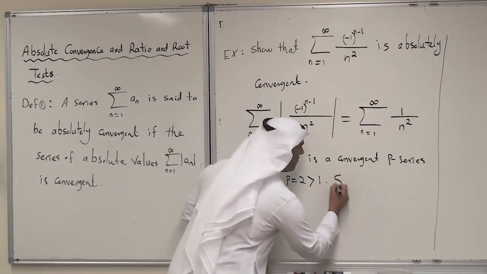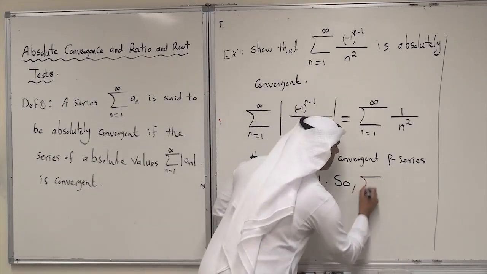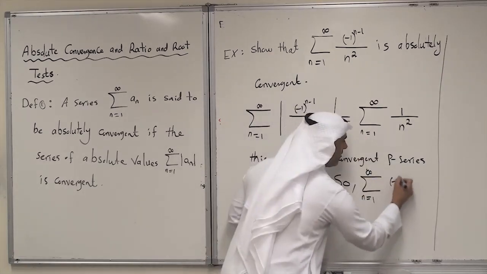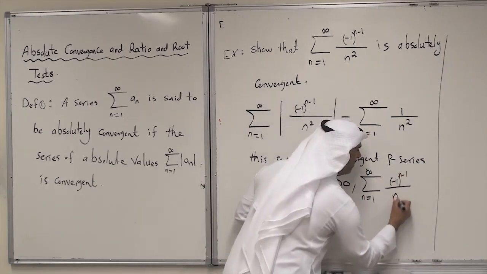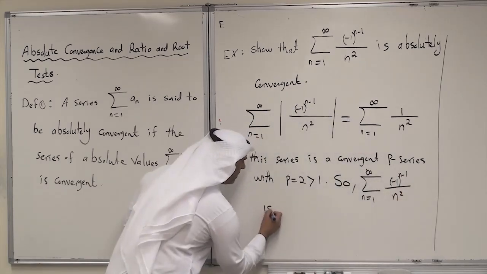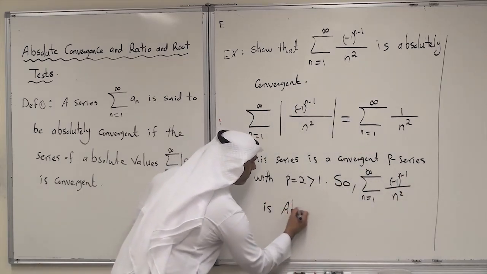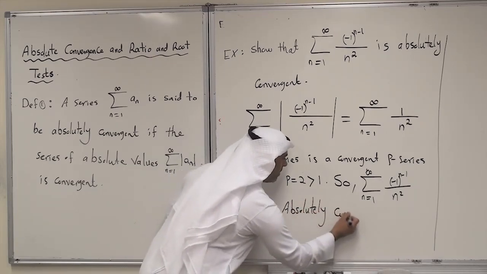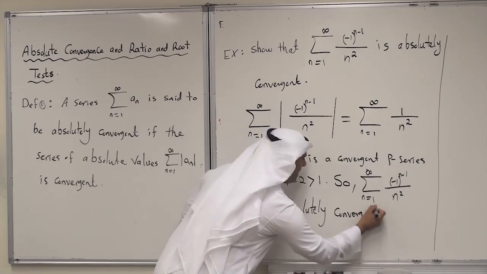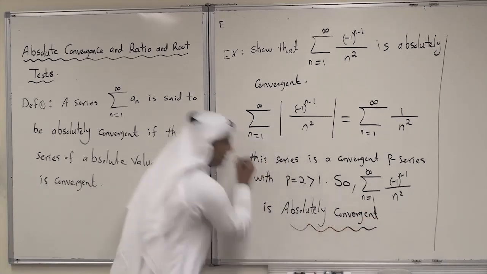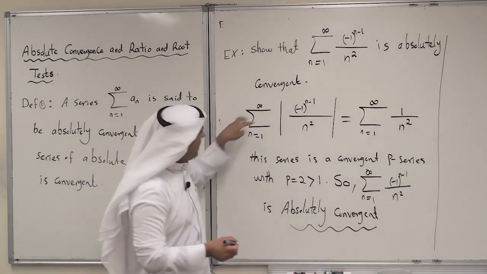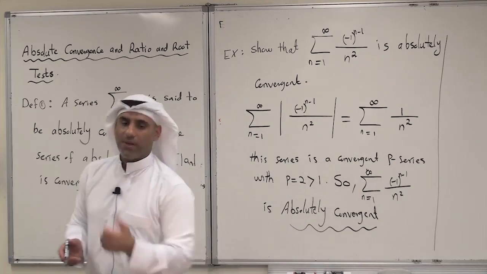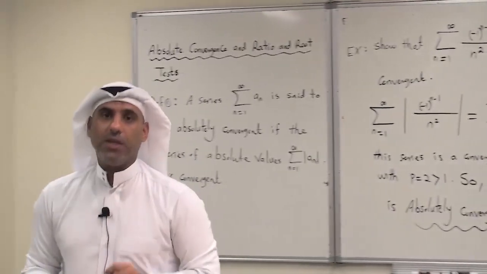So the original series, which is the summation n equal to 1 up to infinity of (-1)^(n-1) divided by n squared, is absolutely convergent. So in order to prove a given series is absolutely convergent, we need to prove that the series with absolute values is convergent, and it is in this case convergent, so the original one is absolutely convergent.